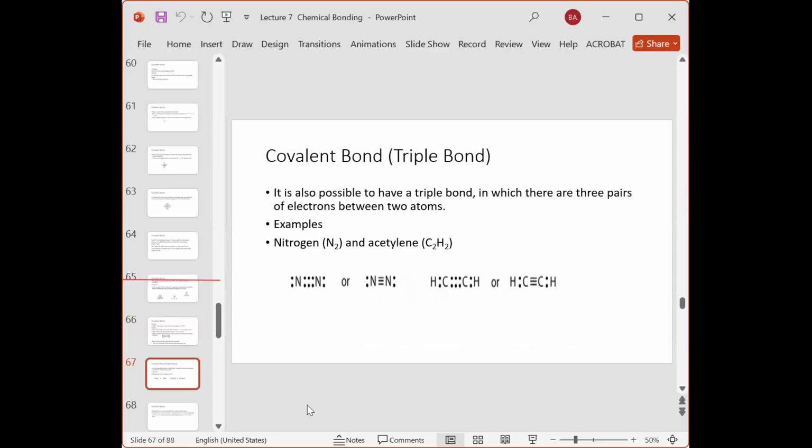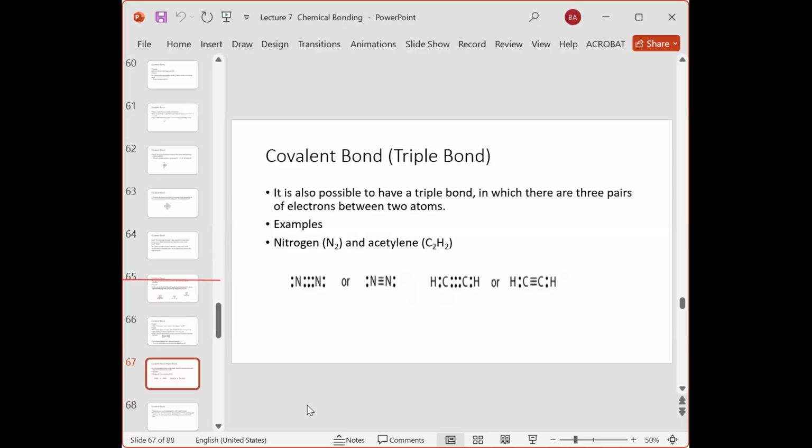It is also possible to have a triple bond, in which there are 3 pairs of electrons between 2 atoms. For example, nitrogen, N2, and acetylene, C2H2. For nitrogen, look at it: 1, 2, 3, 4, 5, 6.